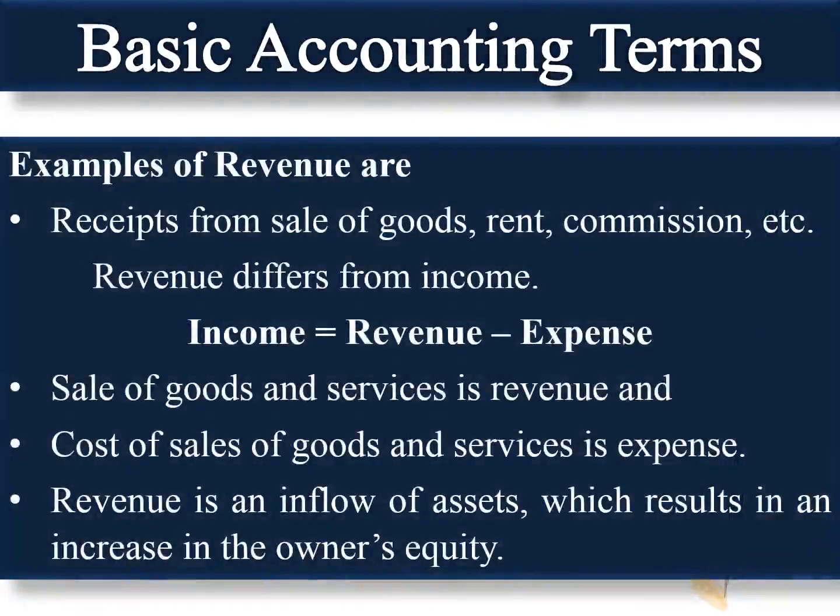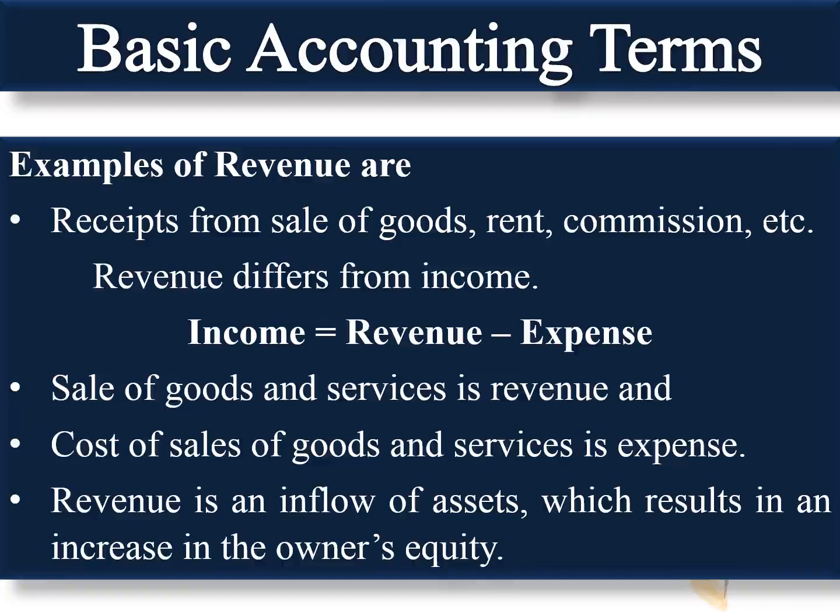Now, examples of revenue are receipts from sale of goods, rent, commission. Revenue differs from income. So income equals total revenue minus expenses. Sale of goods and services is revenue and cost of sales of goods and services is expenses.